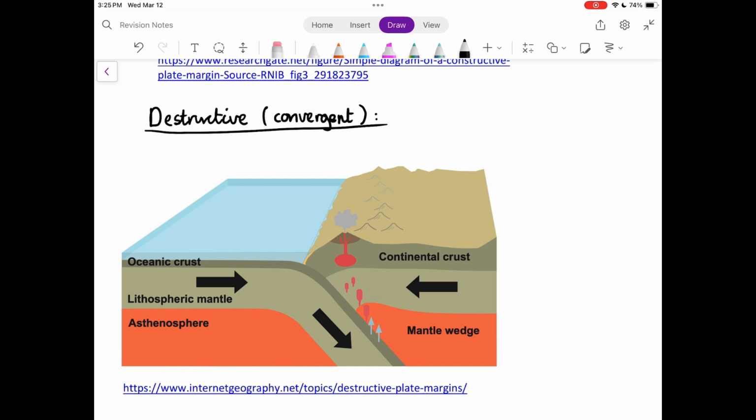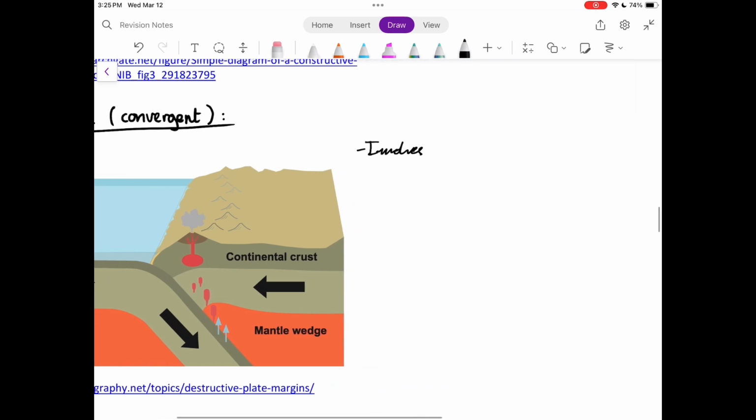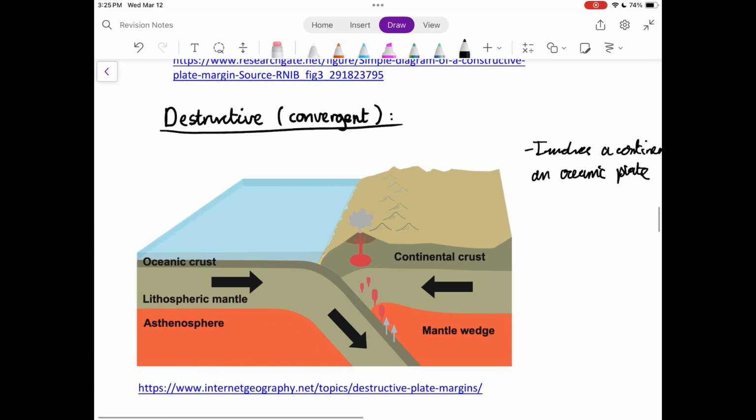Anyway, so destructive involves a continental and an oceanic plate, as you can see in the image.